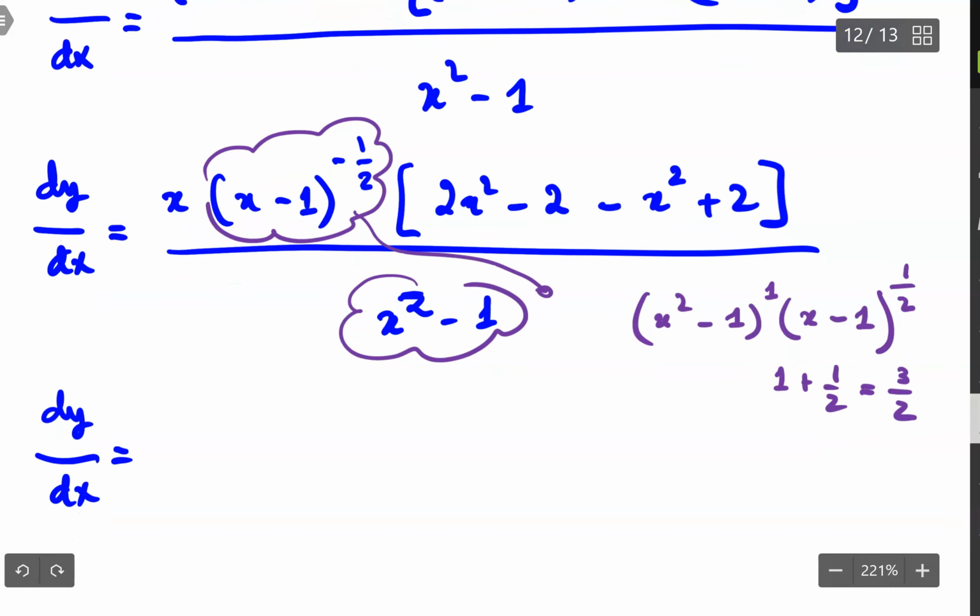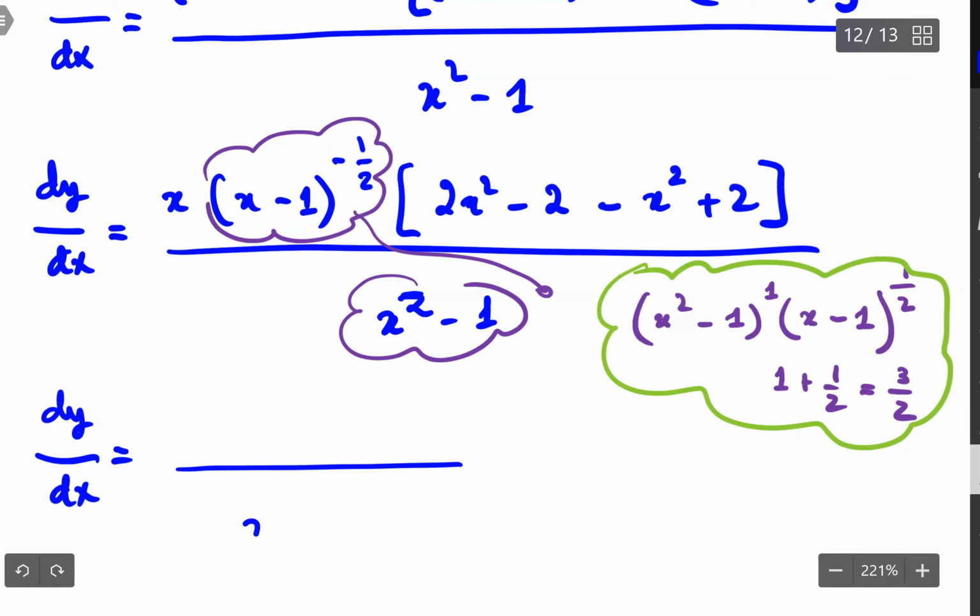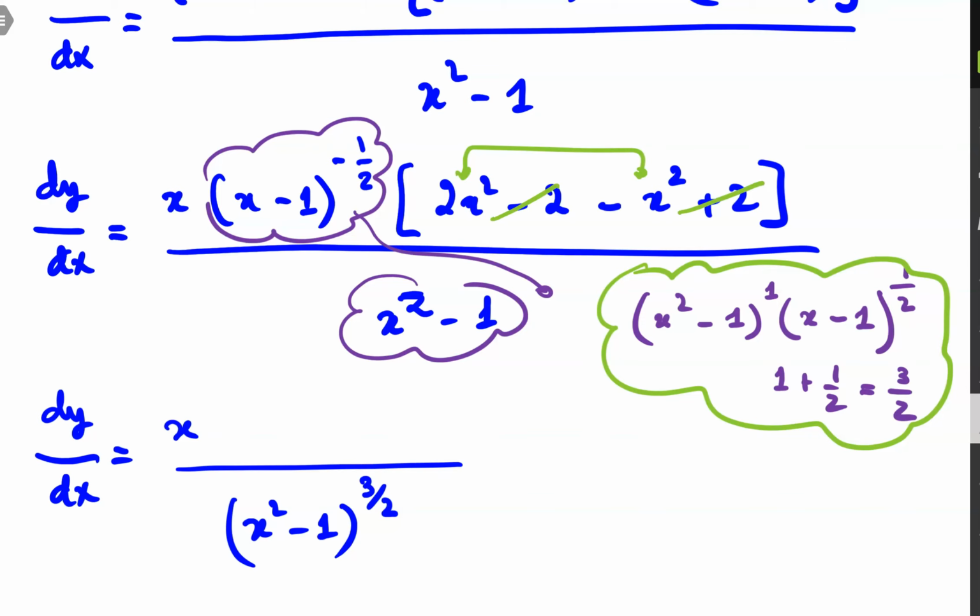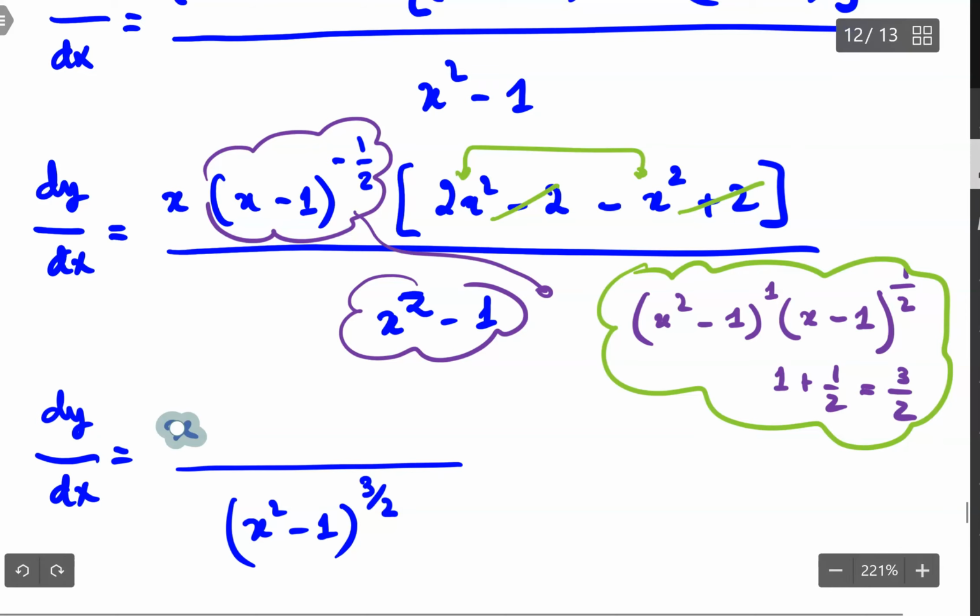Okay, so it's just a reminder to everyone on the side to know why I will be writing this as x squared minus 1, all of it to the exponent 3 over 2. And on top, I still have x left. Inside the bracket, this and this combined, I should have x squared, and that cancels out. So in the end, x squared times x, I just have x to the exponent 3.